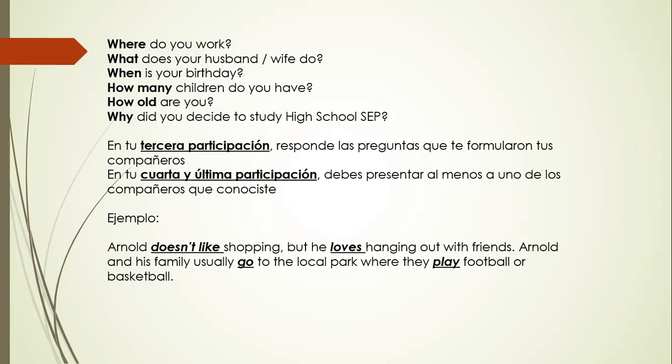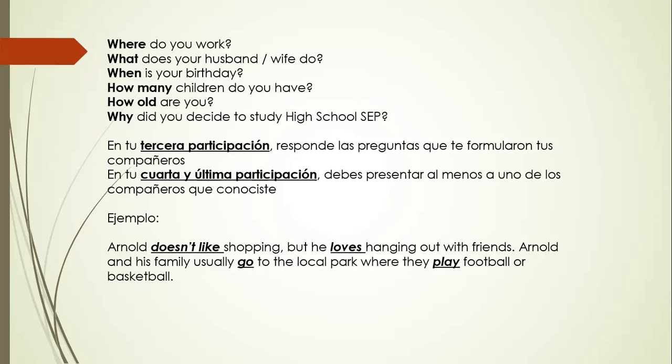Recuerden, chicos, que cuando presentan a alguien de sus compañeros es porque tienen información general de él o de ella y porque también tienen la información que él o ella contestó. Ustedes van a tomar en cuenta su información de su primera participación, que es cuando se presentan de manera general, y también la información que esta persona dio al momento de contestar preguntas que alguien le hizo.